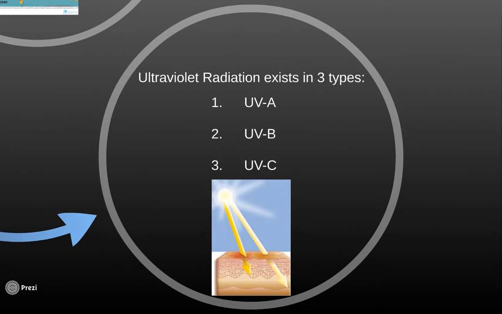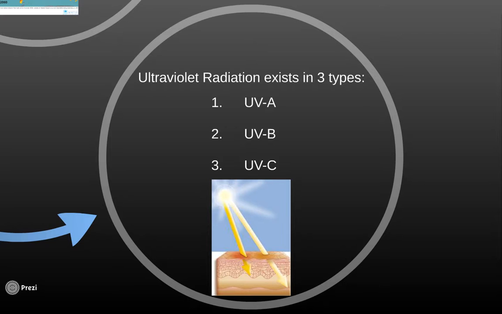Ultraviolet radiation exists in 3 kinds: UVA, UVB, and UVC. UVC is a lethal radiation and is emitted at low wavelengths. However, UVC is completely absorbed by the ozone and oxygen molecules.